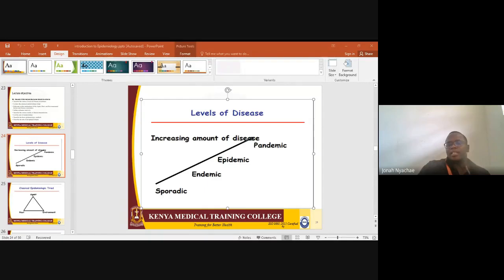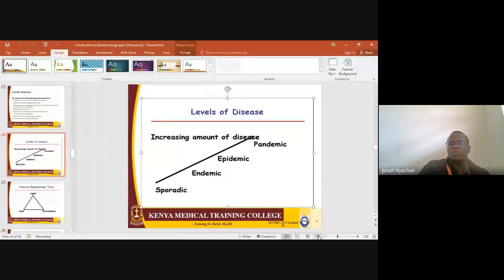Yes, there is a response from Felix, and Felix tells us that when we're talking about an endemic, it occurs particularly in people or a community, a particular geographical area. Thank you very much, Felix. That is good. So it could be polio, or he has given us an example of rabies. There are animals which have been infected by rabies.